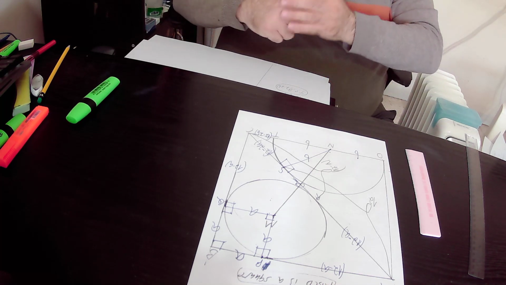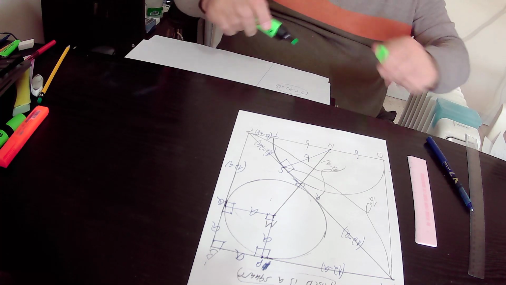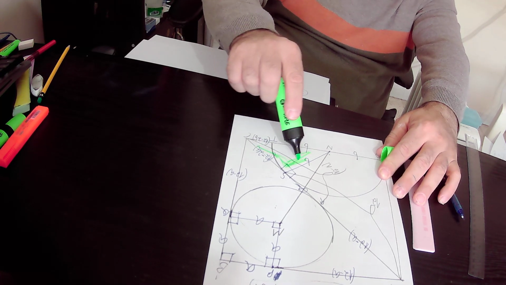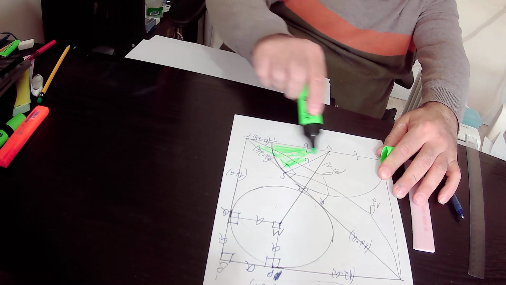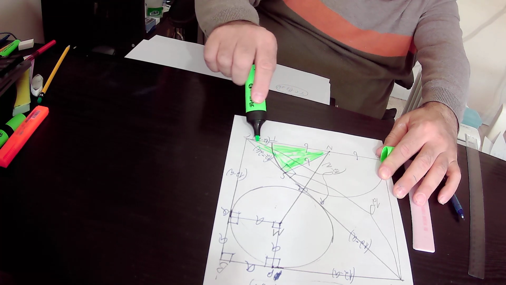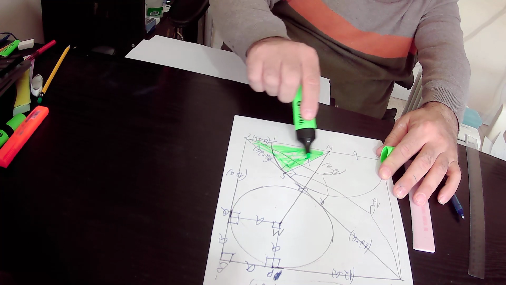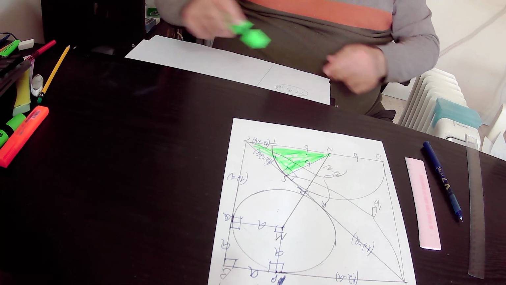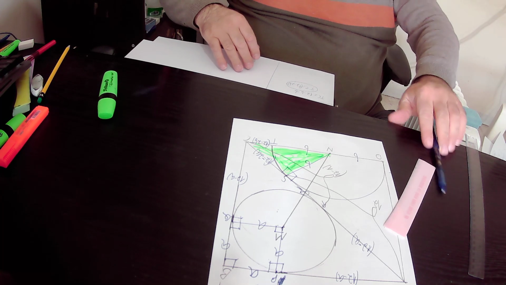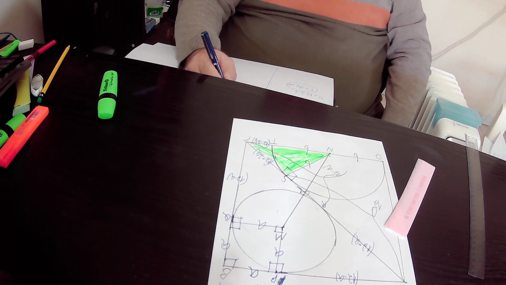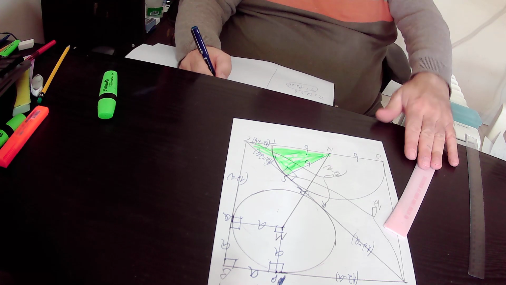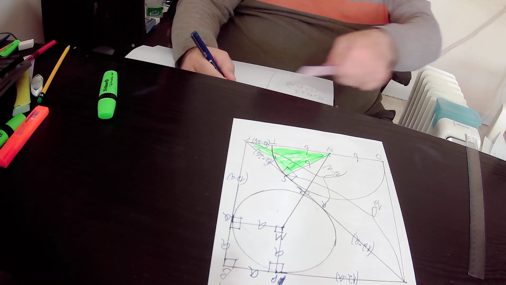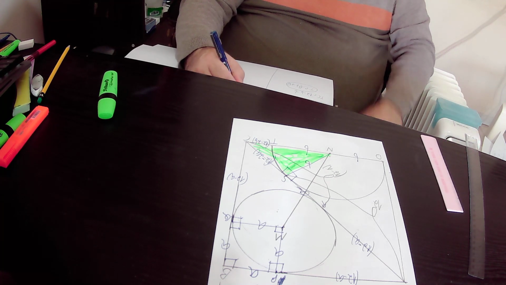Okay, so we actually found out that the green triangle NSC is a right triangle because it has one right angle, NSC. So we'll focus on the green right triangle and implement the Pythagoras theorem on the green right triangle NSC. According to the Pythagoras theorem, the square of the hypotenuse equals the sum of the squares of the perpendiculars.